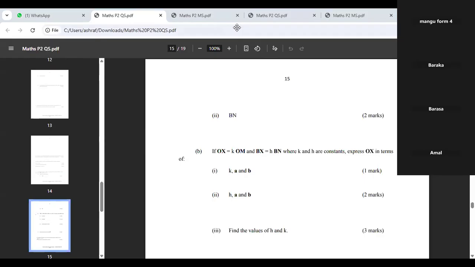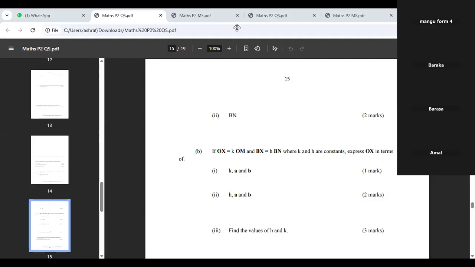Okay, OX. The first one I found as 2/3 AK plus a third BK. And the other one I found as a third AH plus B into bracket 1 minus H. Yeah, they are fine.